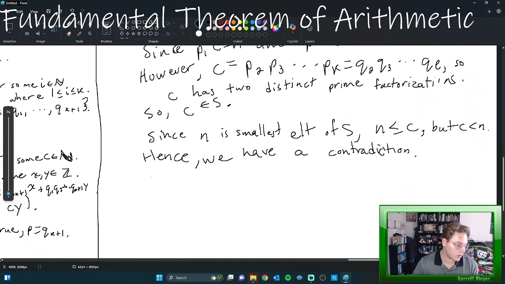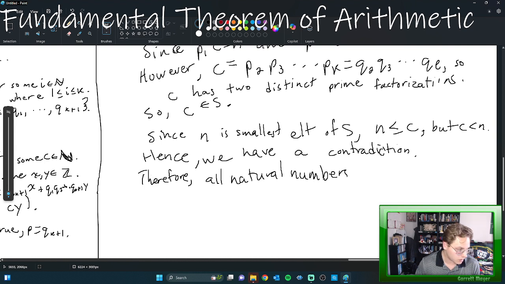But that leads us to a contradiction. Therefore, all natural numbers have unique prime factorizations.